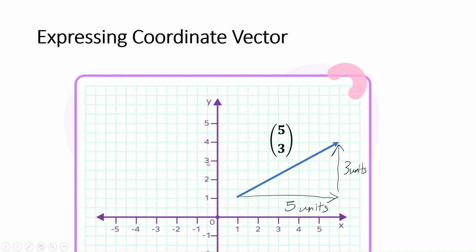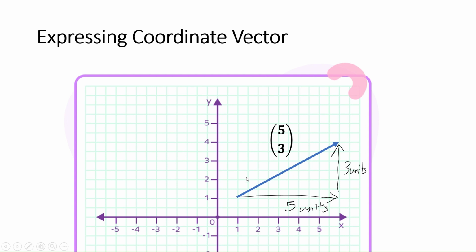All right. Now I'm going to talk about coordinate vectors, which is basically putting the vector concept into your coordinate geometry. So now, what is this 5, 3?